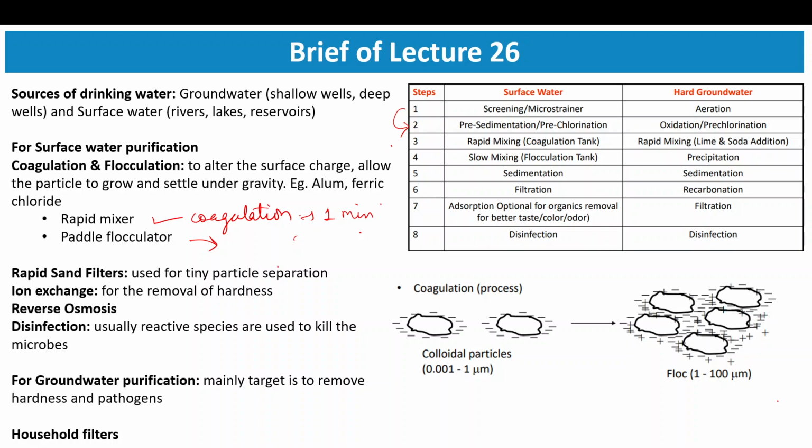So in the flocculator, we provide slow agitation and higher detention time, higher time for particles to grow and settle. Reactors are designed in such a way that more contact time is provided in the flocculator, while in the coagulation tank, we have very rapid mixing.